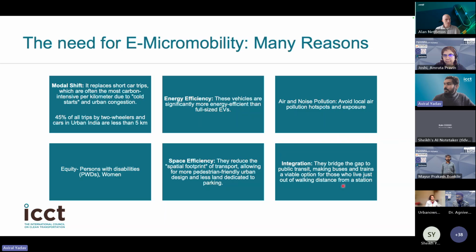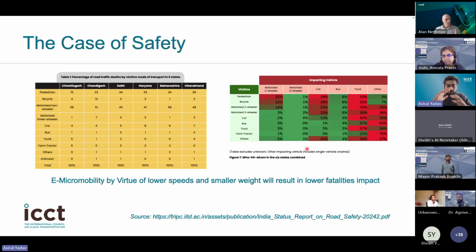So now that we have the different cases for importance registered, I would like to bring the focus on the case of safety. There was this research by, again, IIT Delhi's Center on Road Safety. Here you can see the percentage of road traffic deaths, by what the victims were driving or what their mode was.